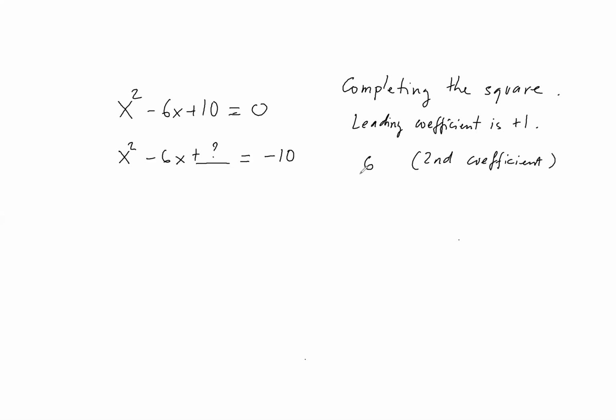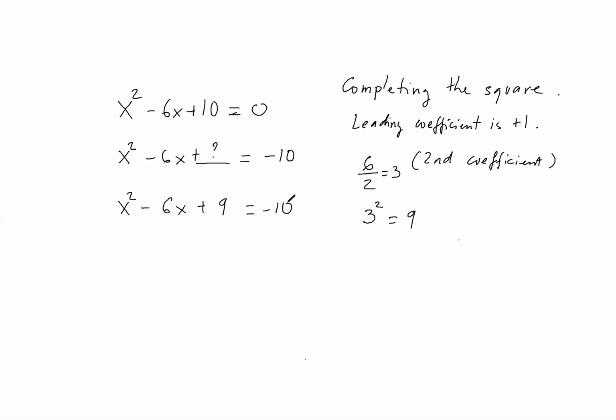Then I divide by 2. This will give me 3. Then I take this 3 and I square it. With that said, 3 squared is 9. So I am going to put that number 9 into this space.